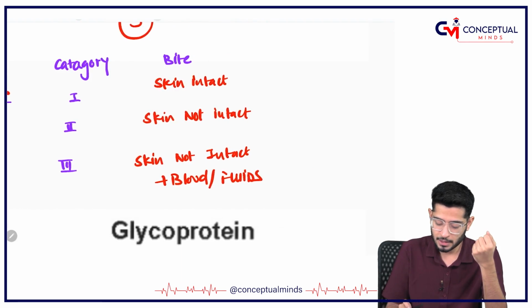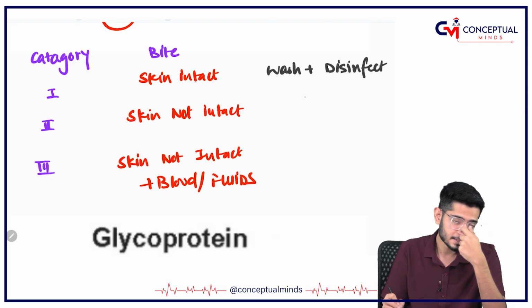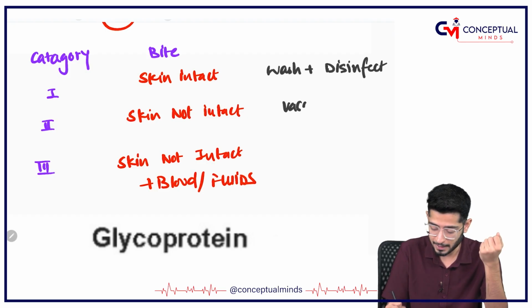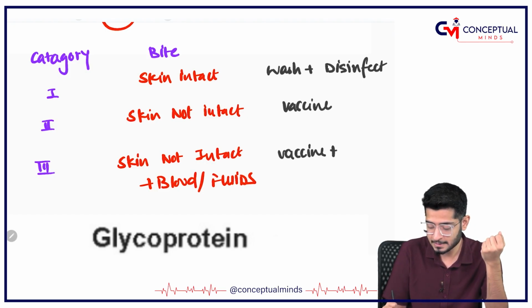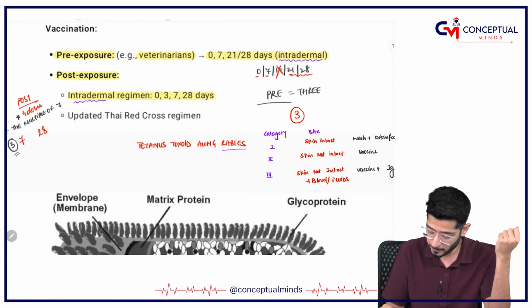The general rule says that for the first one you just have to wash it, or at max disinfect it. The second one says you have to give the vaccine, and in the third one you have to give vaccine plus immunoglobulins.